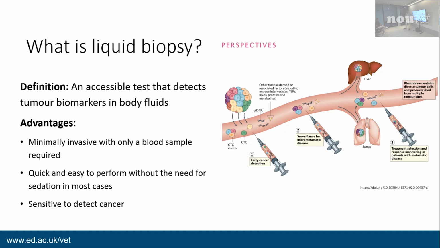There are lots of different techniques that were described. You can search for circulating tumor cells, DNA, RNA, proteins, antibodies, just as Dr. Tam was talking about.